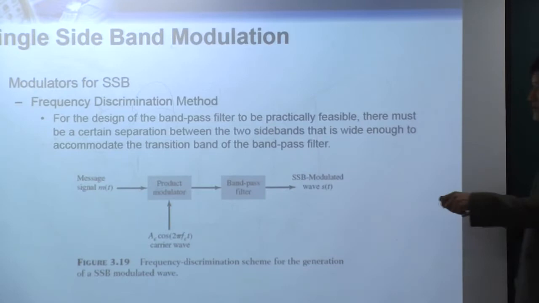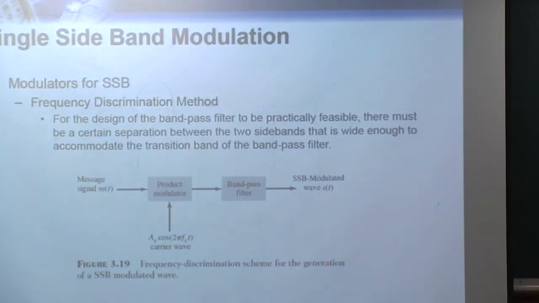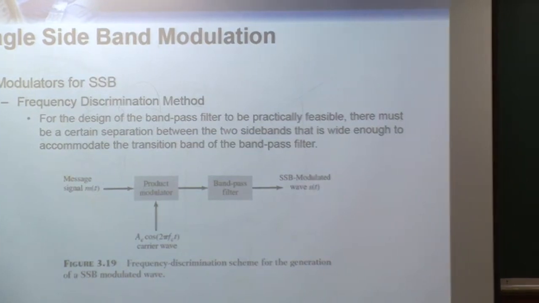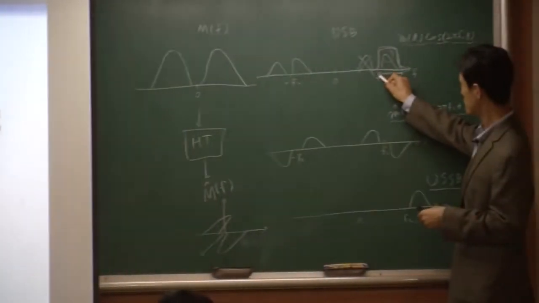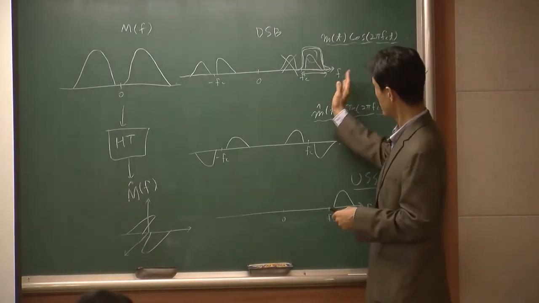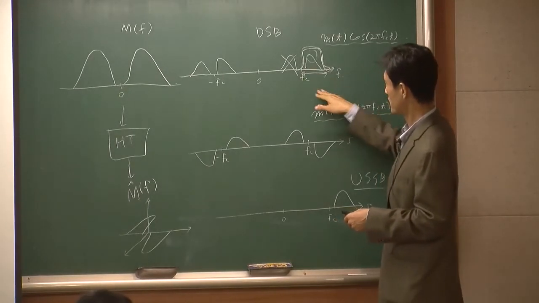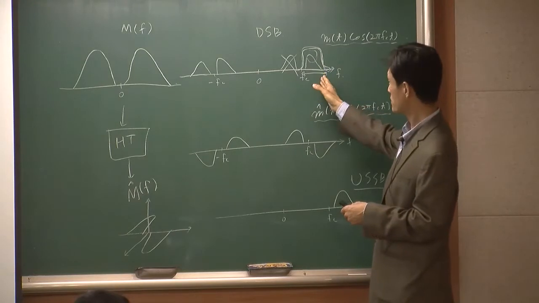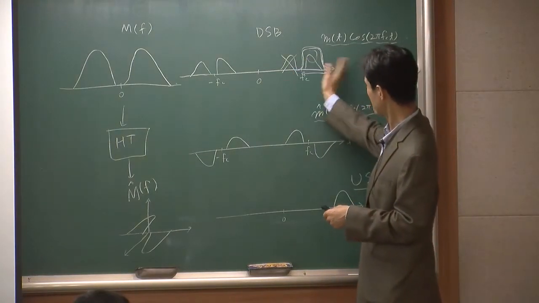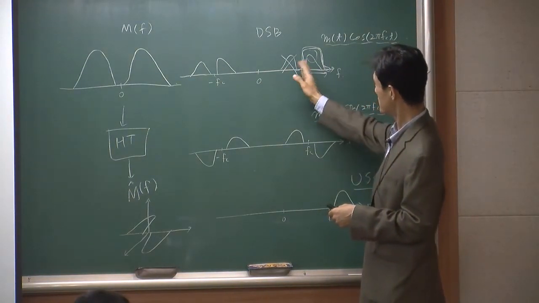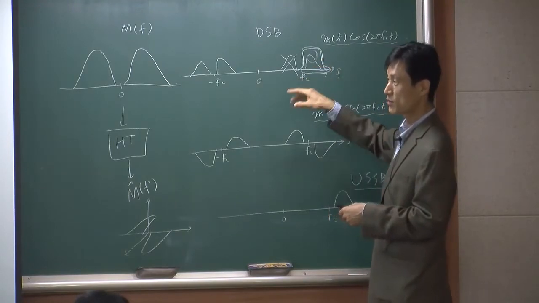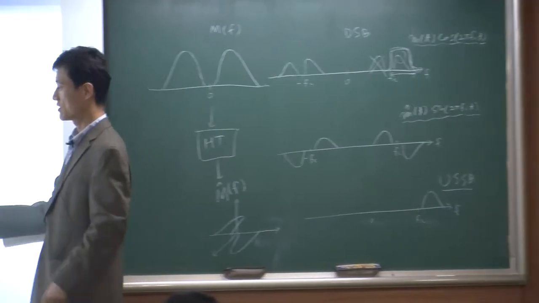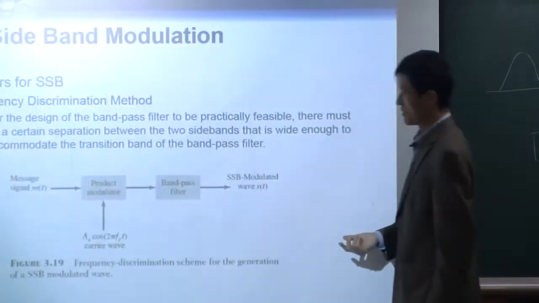What is a discrimination? Right, so you are discriminating in the frequency domain, because you put the filter in the frequency domain. You are basically separating or discriminating these things simply. So that's why we call it the frequency discrimination method, using the bandpass filter.